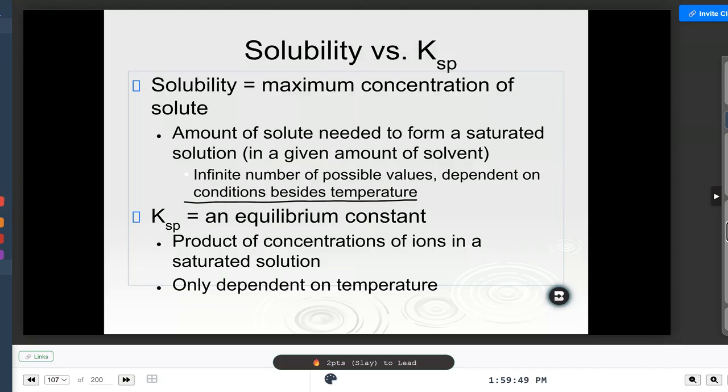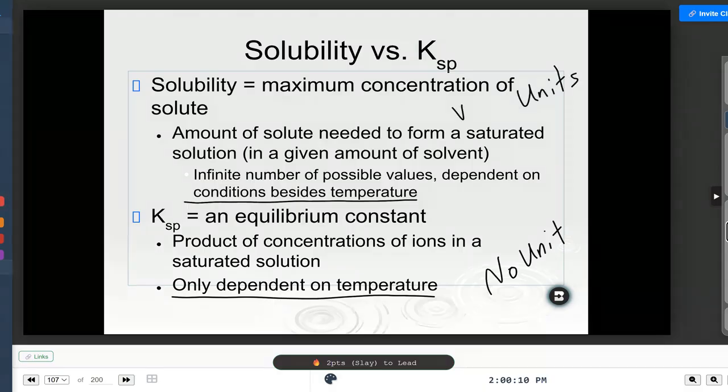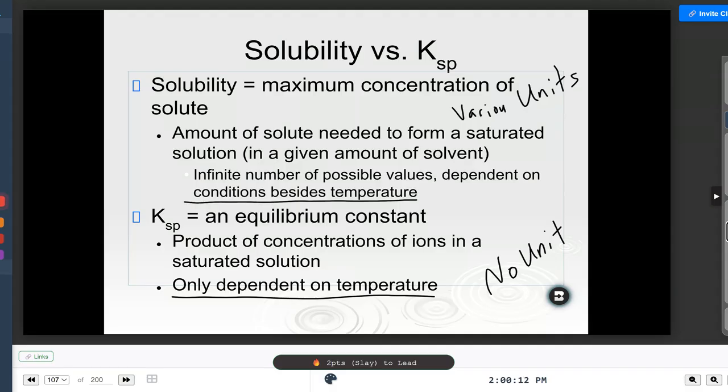But the KSP is only dependent upon our temperature. And remember that you're basically just multiplying the concentrations of your 2 ions. Remember that there's no unit for KSP, right? So while we have various different units here, we have no unit on our KSP.